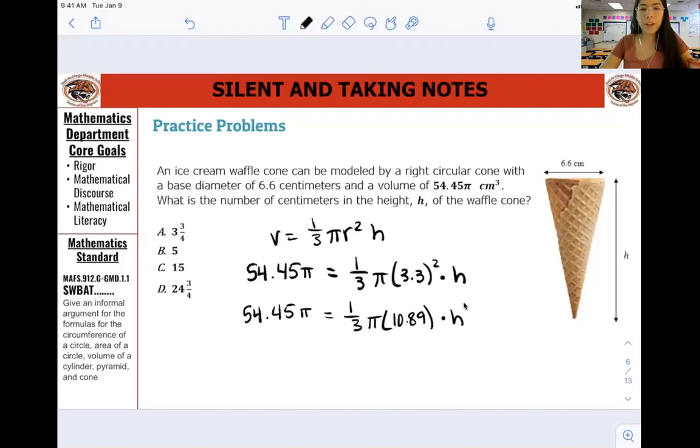Now I'm solving for h. What can I do to both sides? Times 3.